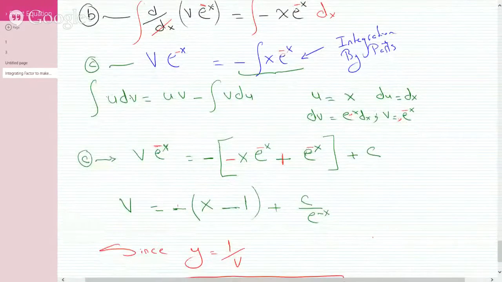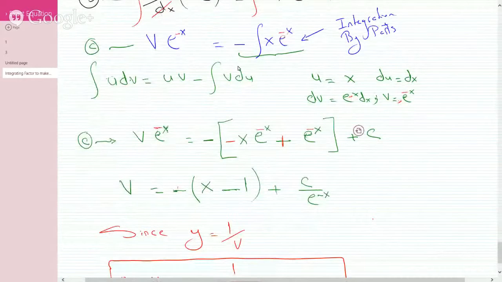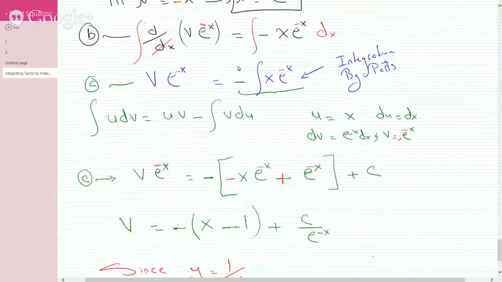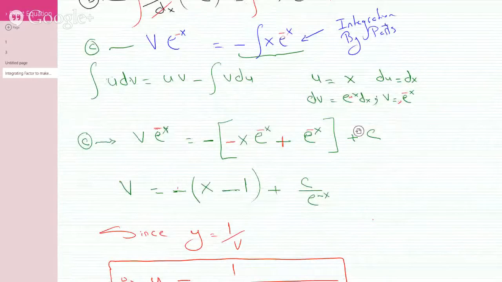So far so good. There's still a minus sign here, so if this is minus, this is going to become a plus.